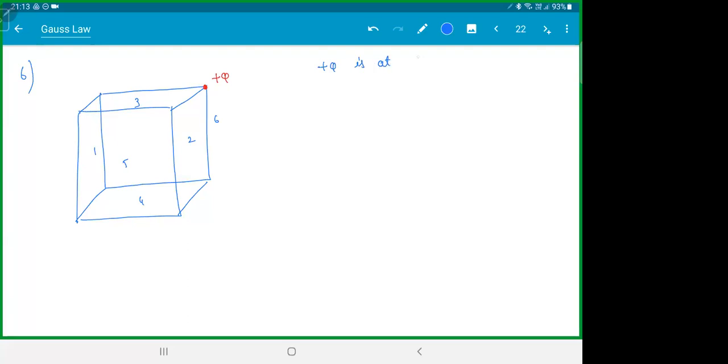Find the flux through each face. Q is not inside, Q is not outside. It is just on the corner. How much flux will pass through each face? 1, 2, 3, 4, 5, 6. Try. This is a good one.